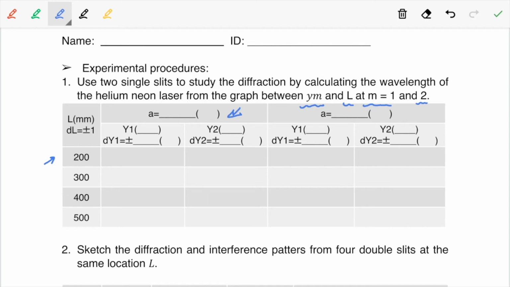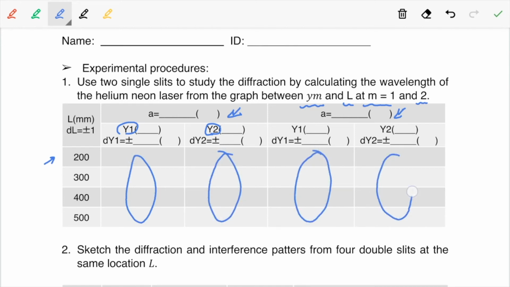Then you need to read on the ruler the length of Y1 or the length of Y2. Okay, there's a ruler prepared and you're going to read it. Then this is for the first round. Then in the second round we will change to another single slit. After that you'll get four groups of data here.